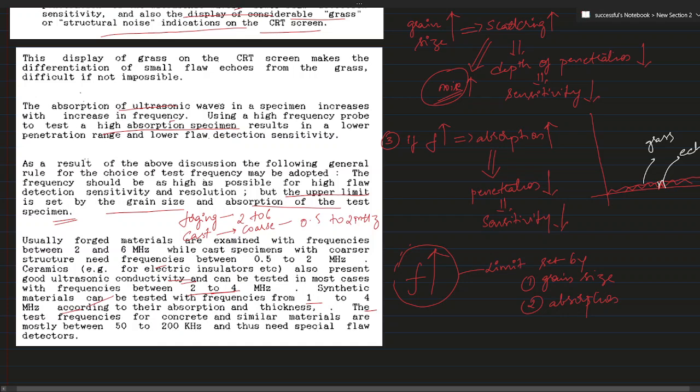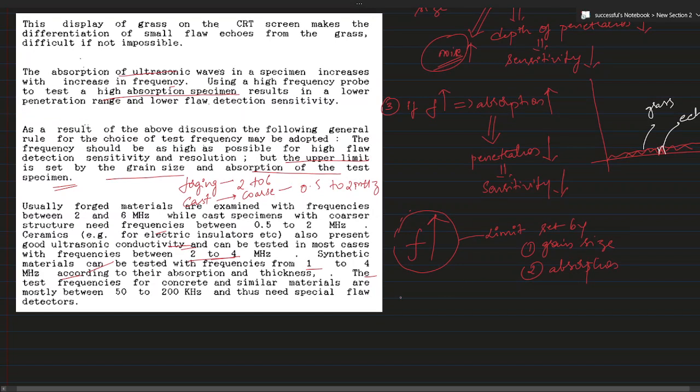Okay, the test frequencies for concrete and similar other materials. You see, they are telling that forgings 2 to 6, castings if coarser 0.5 to 2 megahertz, ceramics 2 to 4, synthetics 1 to 4.